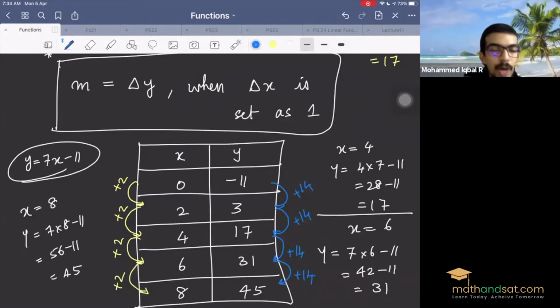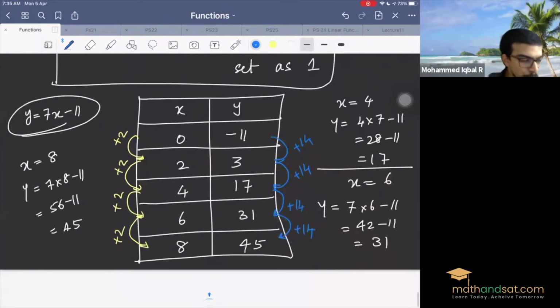Okay. Now understand that the ratio of change in y, change in output, by change in input, this 14 over 2 ratio is nothing but 7. So the ratio of change in output by change in input is nothing but your 7, right?